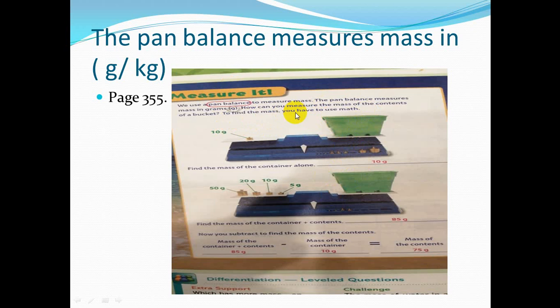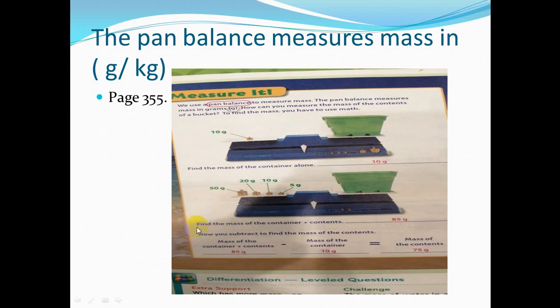So to find the mass, we have to use this pan balance and math. How? At first, we have to find the mass of this bucket before putting water or before putting the liquid. The mass of the container alone is 10 gram.